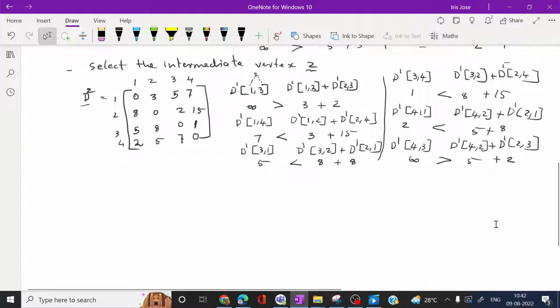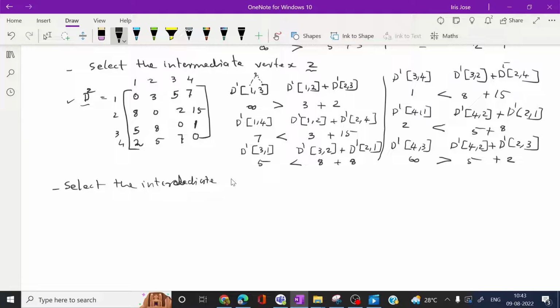So next we will continue with the same procedure. This is our previous matrix D2. Now select the intermediate vertex as, sorry, 3. Intermediate vertex 2 is over. Now we will consider the intermediate vertex as 3 and repeat the same procedure.